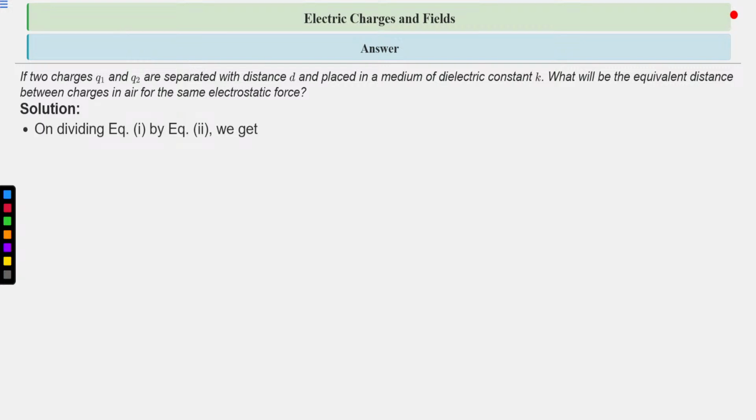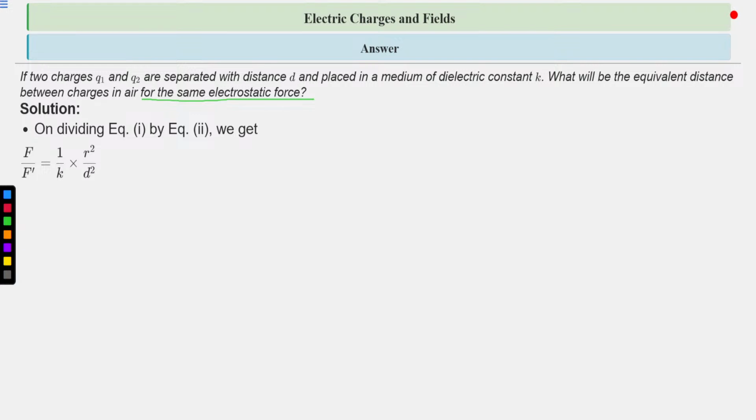Now on dividing equation 1 by equation 2, we get F by F prime equal to 1 by K into R square by D square. We have to find R, and we are given the condition that the electrostatic force is the same as in case 1.